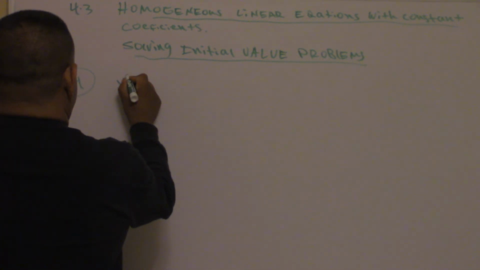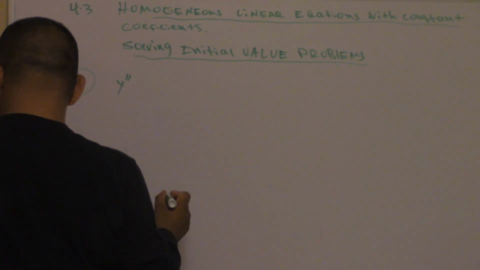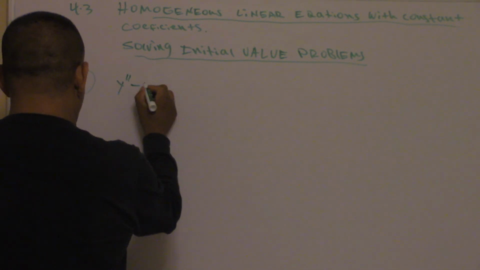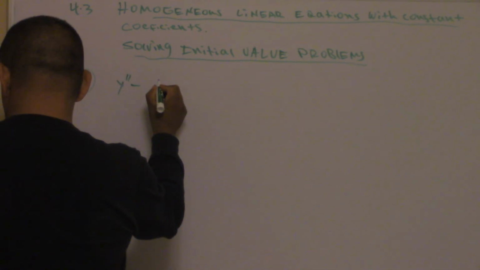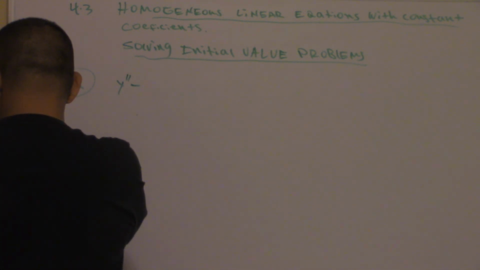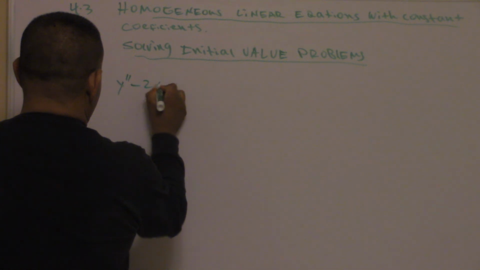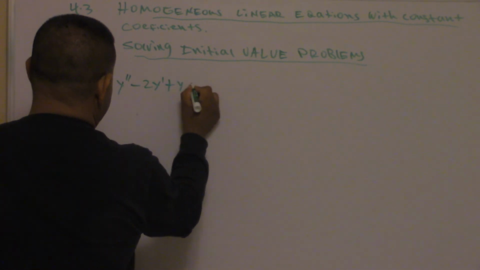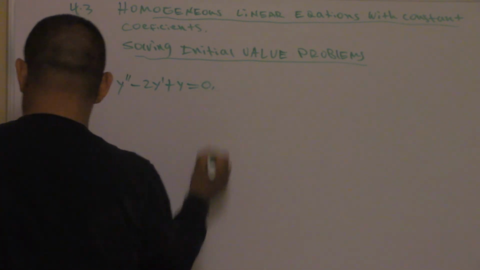So number 34 is y double prime minus 2y prime plus y equal 0.